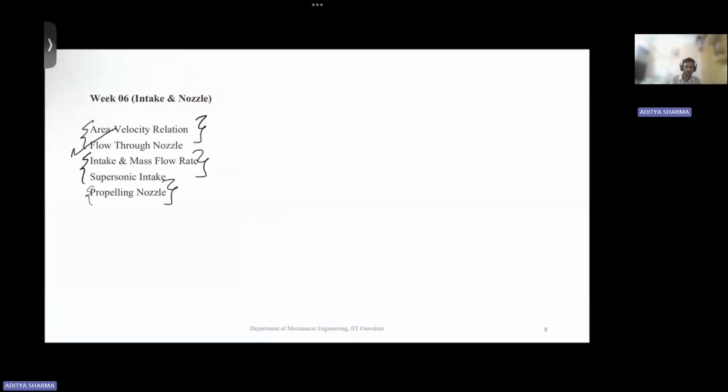Then for your propelling nozzle, so the nozzle that is at the exit. Okay.